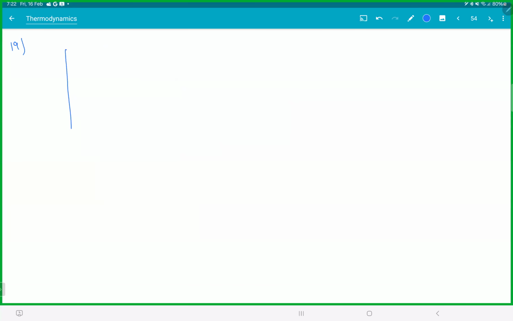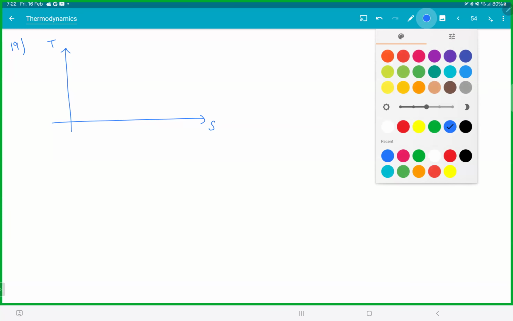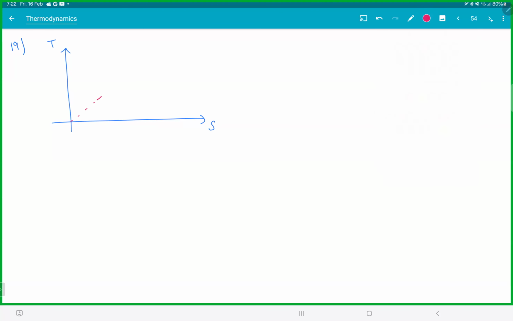Entropy is there in the portion, huh? T versus S graph. This is S naught. This is 2S naught. This is T naught.